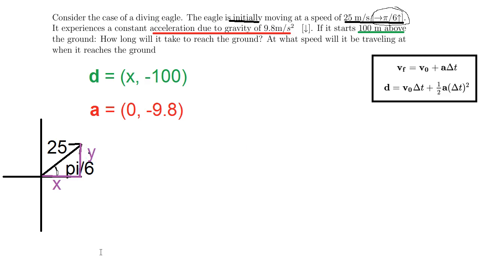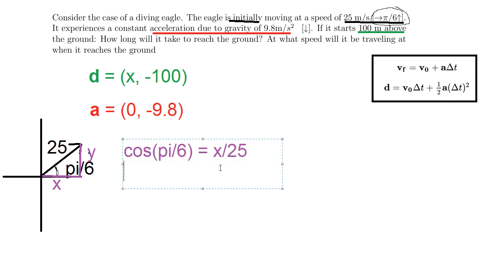Now, I can use trigonometry here. How you do so is up to you. But for me, I would use sine and cosine. The cosine of pi by 6 is equal to x over 25, because cosine is adjacent over hypotenuse.